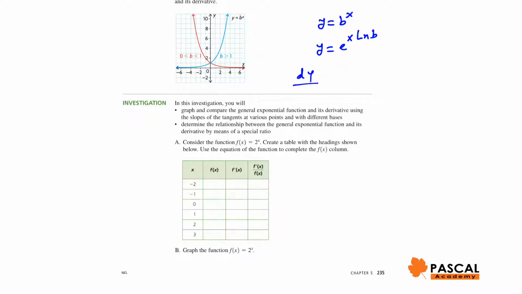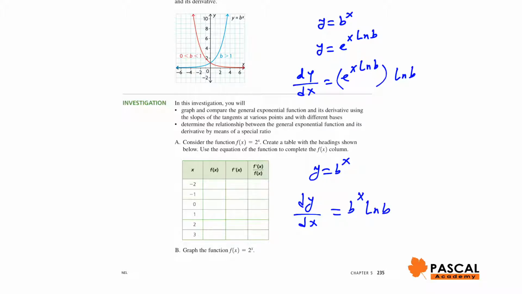Therefore, the derivative of e to the power of x ln of b would be e to the power of x ln of b times ln of b. And this means the derivative of the function b to the power of x is b to the power of x ln of b.